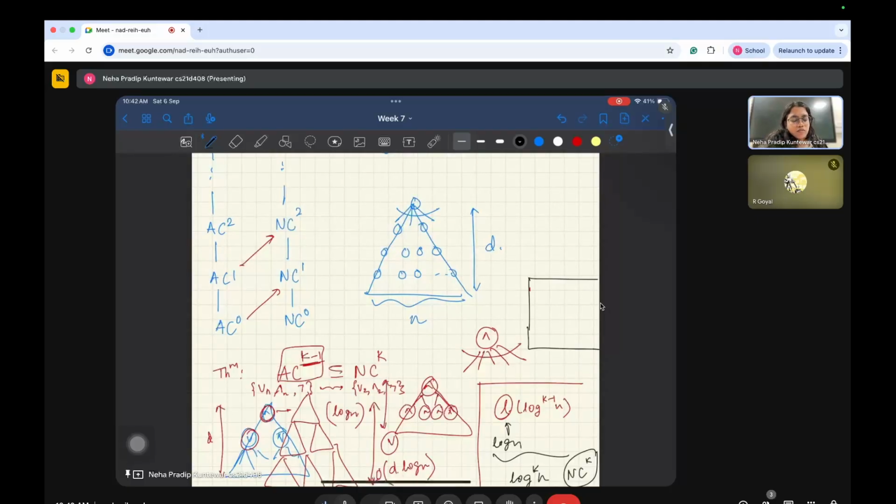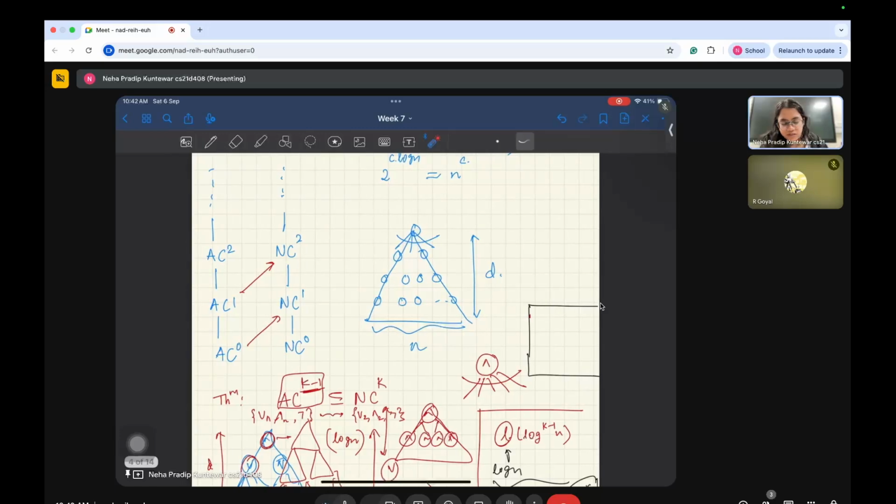Okay. So, to answer your previous question, one argument, although it is not very elegant, would be that we know that AC0 is contained in NC1 and AC1 is contained in NC2, and with the bounded fan-in, it is sort of more intuitive why this should be more powerful than this.